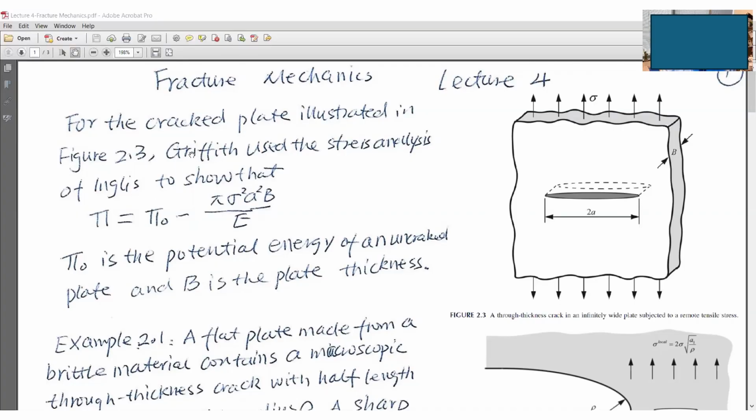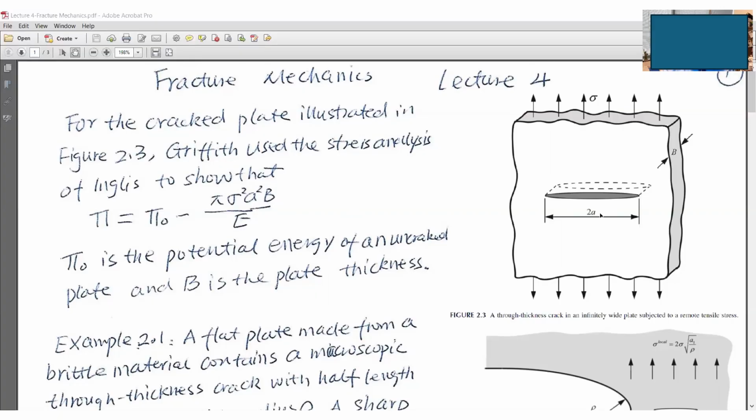Griffith used Inglis's stress analysis and got this equation: Pi equals Pi 0 minus pi sigma squared A squared B divided by E. E is Young's modulus, sigma is the remotely applied load, A is the half crack length, B is thickness, and Pi 0 is the potential energy of the uncracked plate.